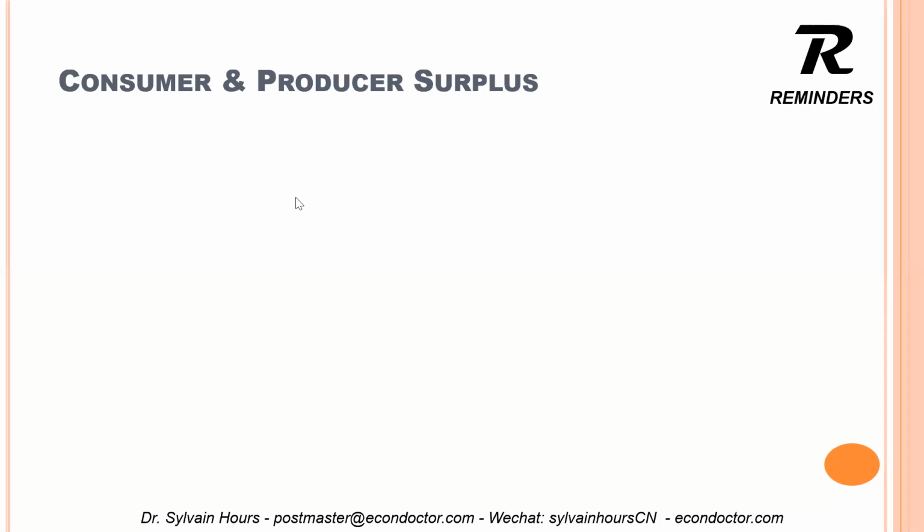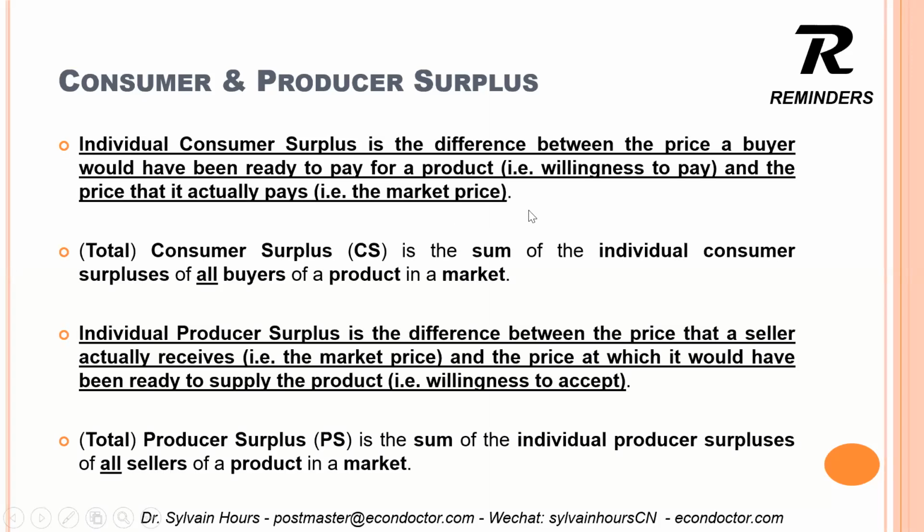All right, so now the next stage is to compare the outcome in perfect competition and the outcome in a monopoly. The first thing that you can do is to give a few reminders to your students about consumer surplus and producer surplus, but I'm not going to do that now.